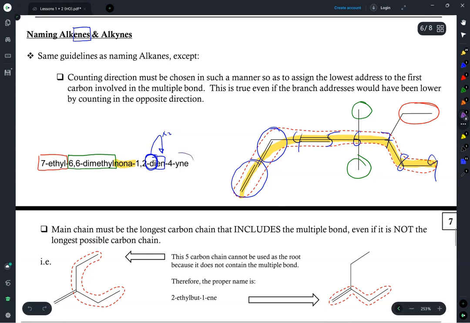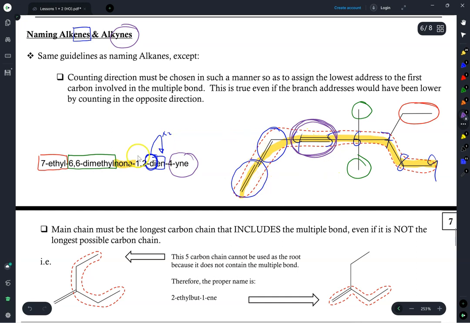And the same thing goes for the yne for alkynes to show that there's the presence of a triple bond here in our parent chain as well. So this naming system is very systematic. There's the red for our ethyl branch, green for our methyl branches, 2 of them, so it's dimethyl, nona for the parent chain with 9 carbons, and then diene to show that there's 2 of these double bonds, 1 and 2, and that there's a triple bond over here, yne.